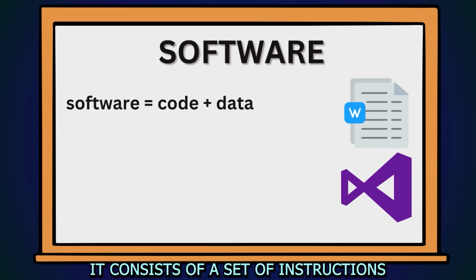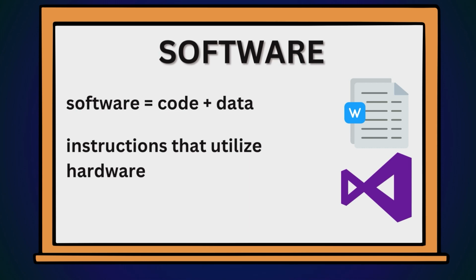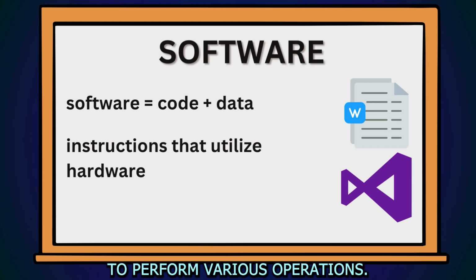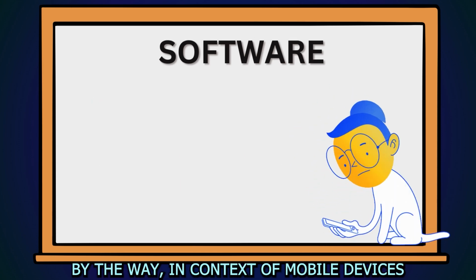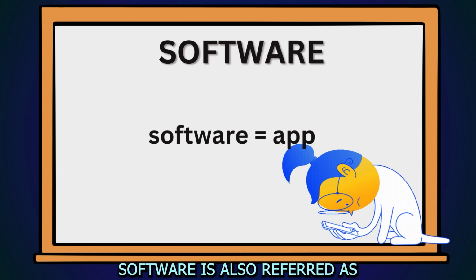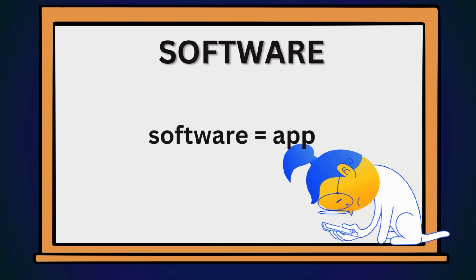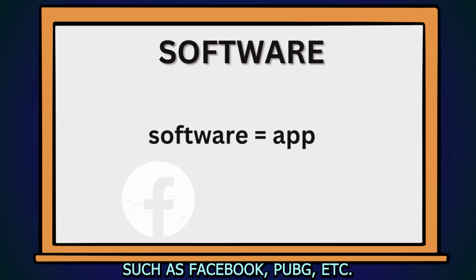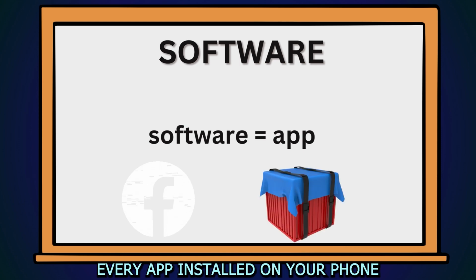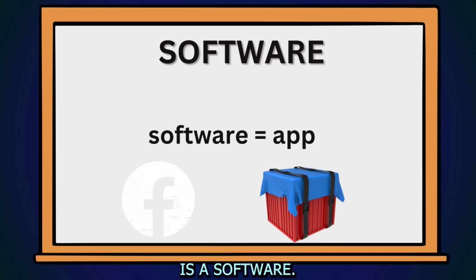It consists of a set of instructions that utilize the hardware to perform various operations. By the way, in the context of mobile devices, software is also referred to as an app or application, such as Facebook, PUBG, etc. Every app installed on your phone is software.